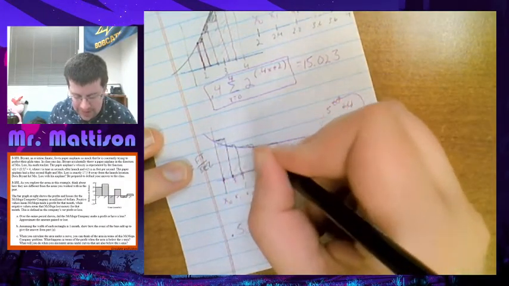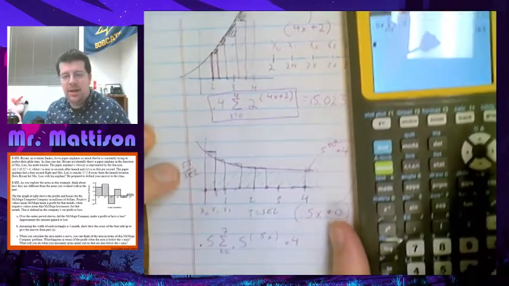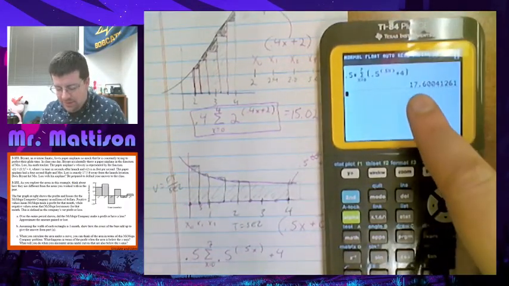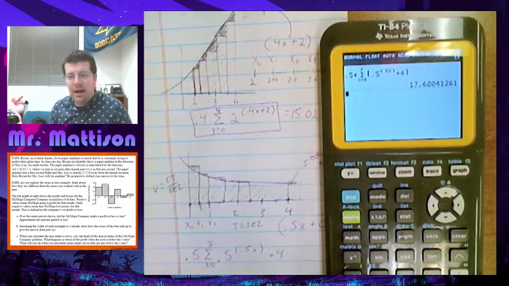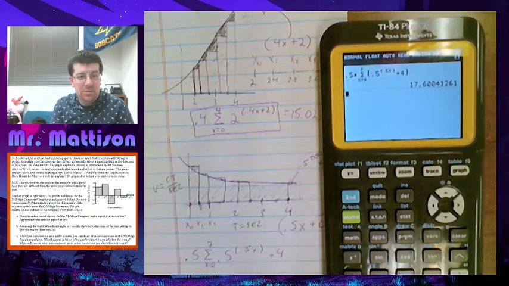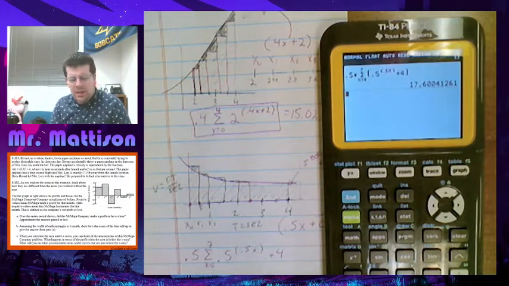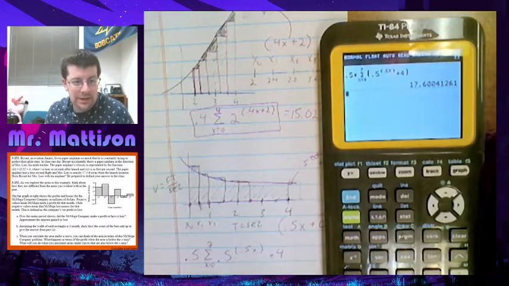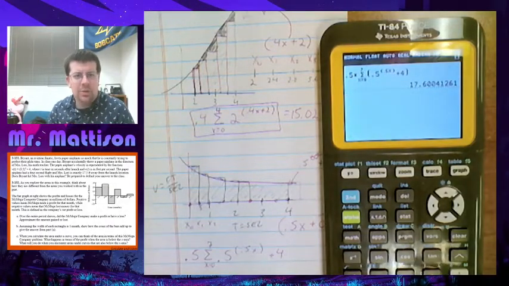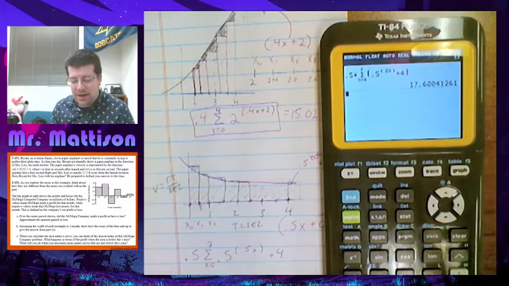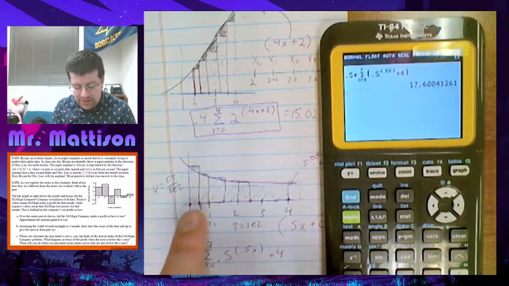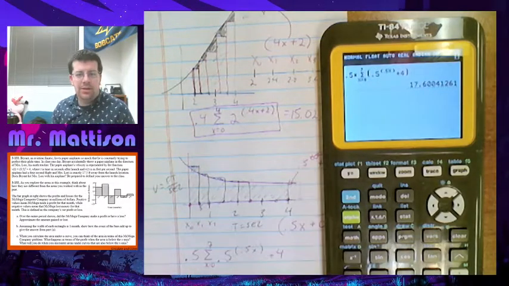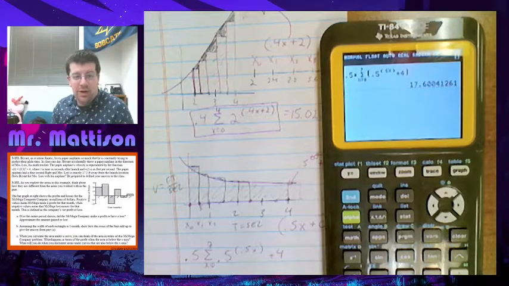Well, is that enough to make up for that 17.6 being higher than 17.5? Well, I'm not sure. So this graph isn't good enough for me. I'm going to need to go more accurate. So how I can do that is I can decrease the width of my rectangles. And that's what I want to do.